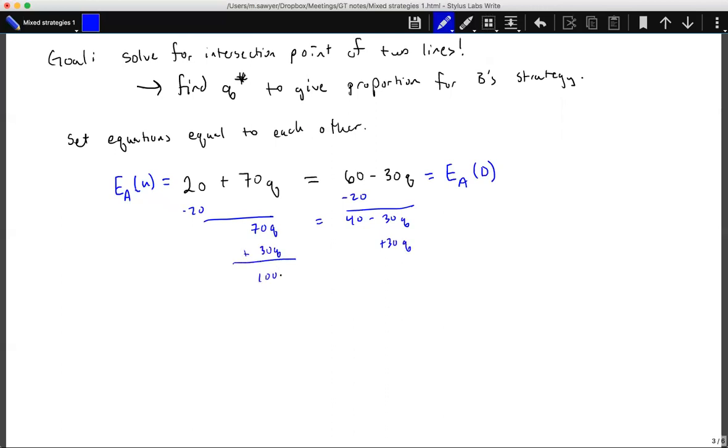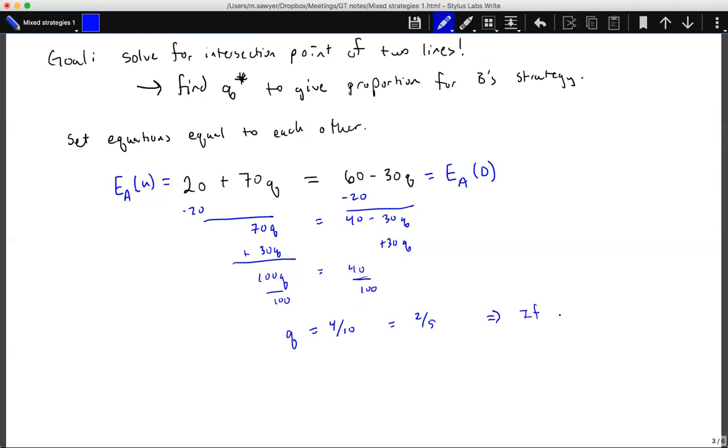So we get 100Q is equal to 40. Divide both sides by 100. So we get Q is equal to 4/10, which is equal to 2/5.